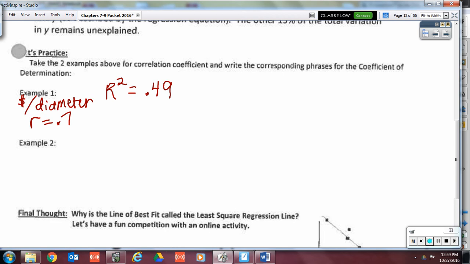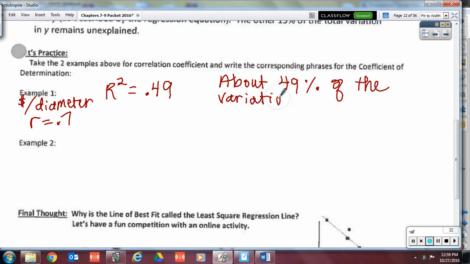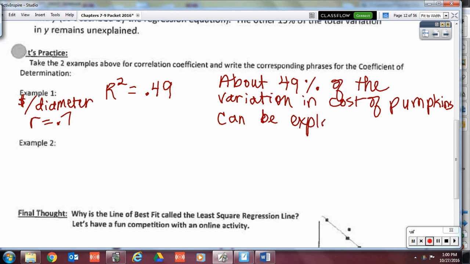I'm going to go ahead and straight up tell you this one, and then you'll start getting the hang of it. So this means that about 49% of the fluctuation or the variation in the cost of the pumpkins, about 49% of that variation in the Y, can be explained by the changes in the X, the changes in the diameter.